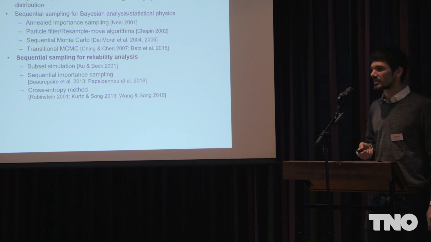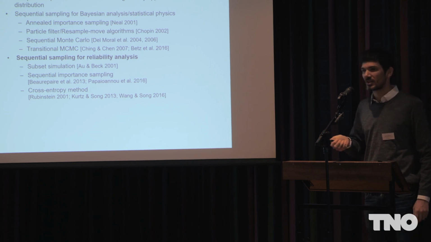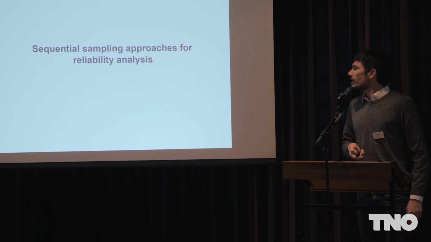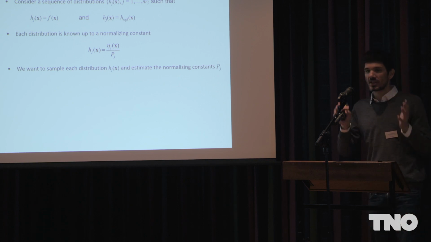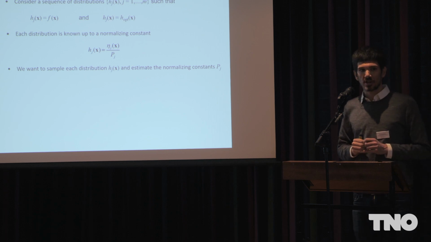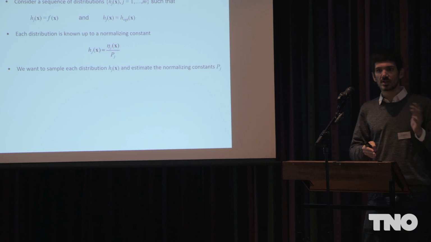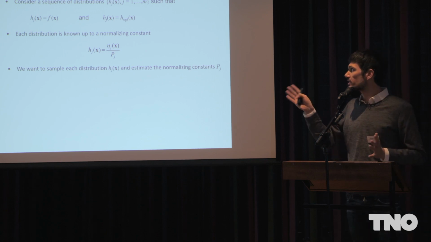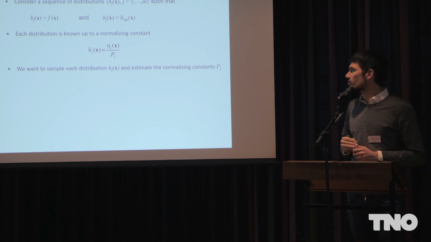I don't have time to discuss everything, and I think that Ziggy is going to discuss the cross-entropy method later on today. Okay, so I will first start with sequential importance sampling, and I will describe this in a general way, such that both subset simulation and a different version of this approach can be viewed as special cases of sequential importance sampling.